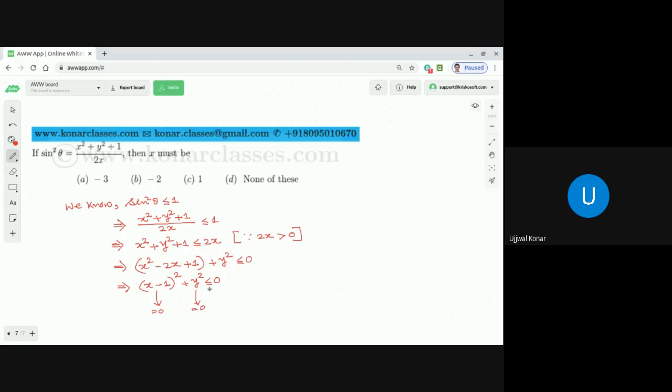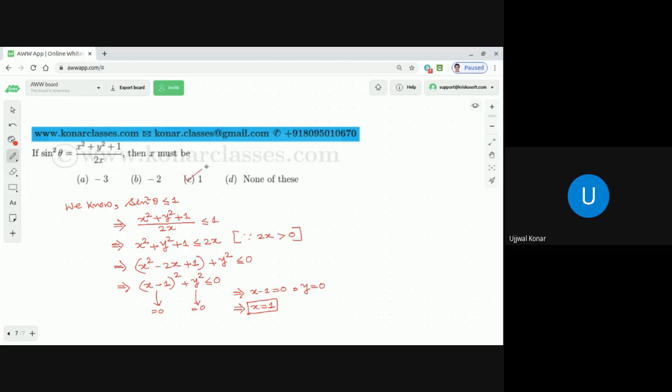Otherwise, it is always greater than 0. So what you can get from here is that, dear students, is that x minus 1 has to be 0 and y has to be 0. This implies x has to be equal to 1. As the question is on finding the value of x, so x must be 1.